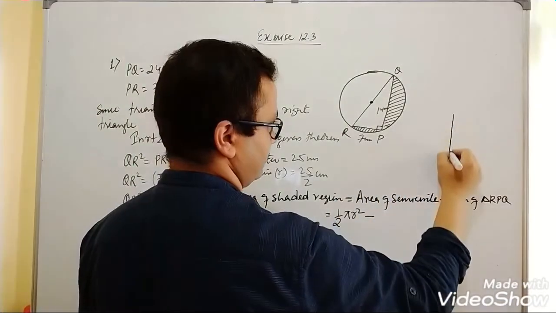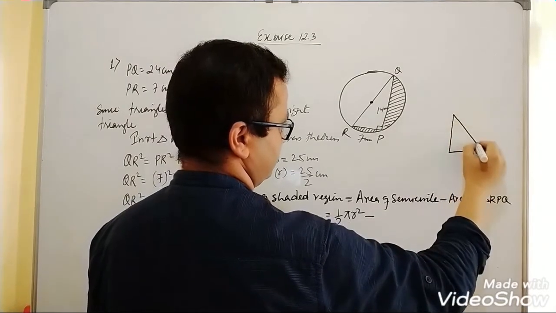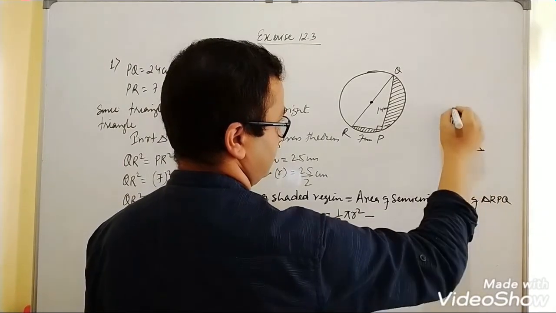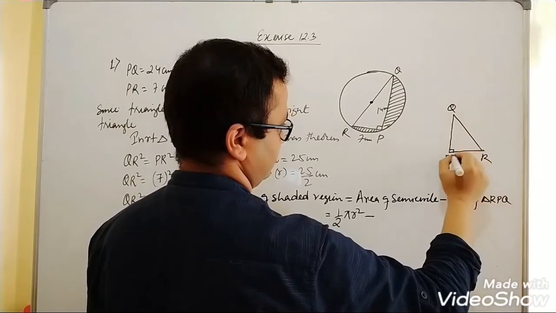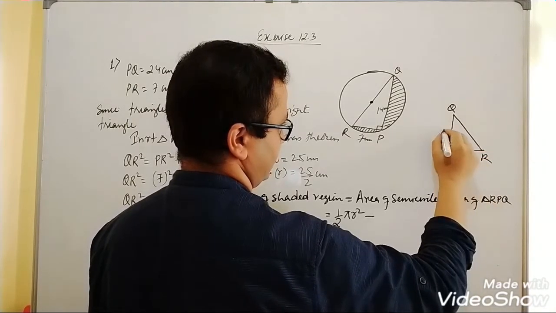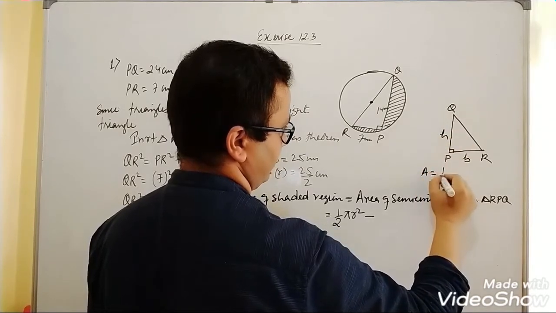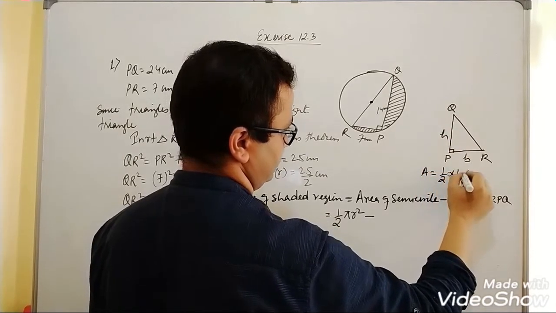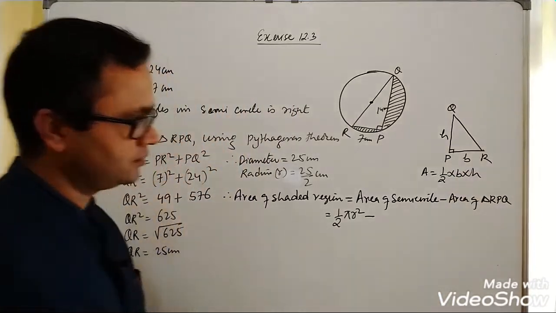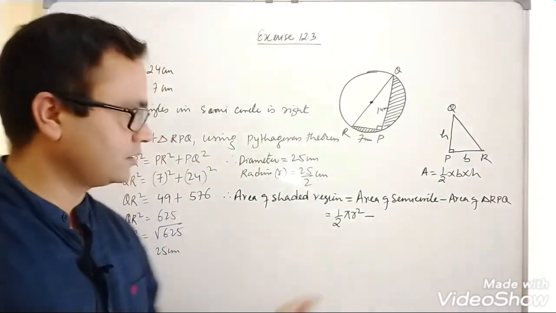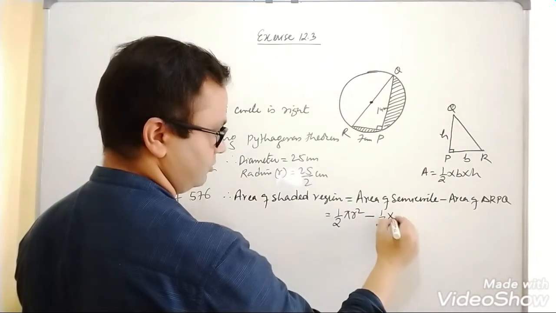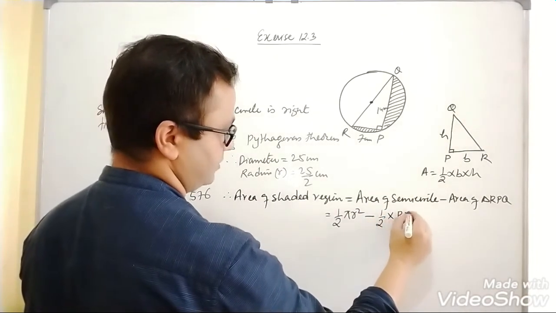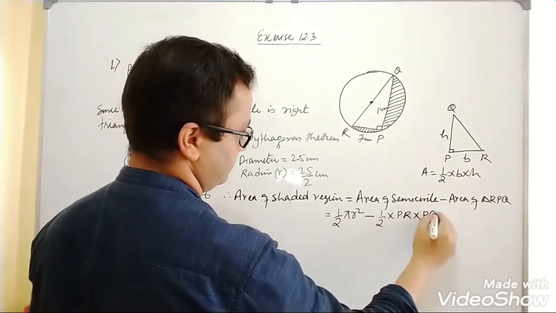For a right triangle, this is Q, this is P and R, PR is base and PQ is height, so area is half into base into height. So we can write half into PR into PQ.